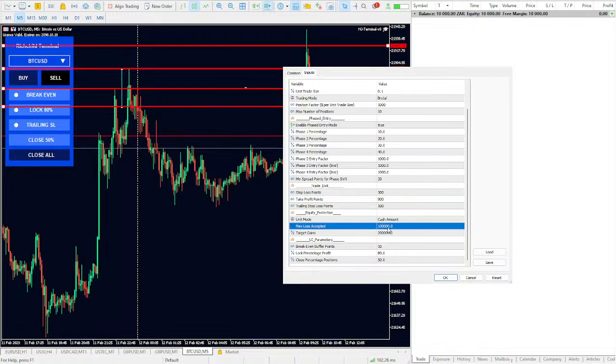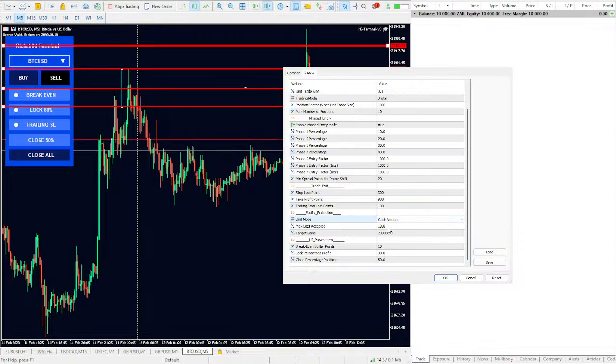Take for instance on a 10,000 Rand account, I can say that I'm only accepting a 10% drawdown, and after that you can close everything. Okay, so which is like 1,000 Rand, because here the cash amount is 1,000 Rand, 10%, or you can actually come to a percentage of equity and put 10%.